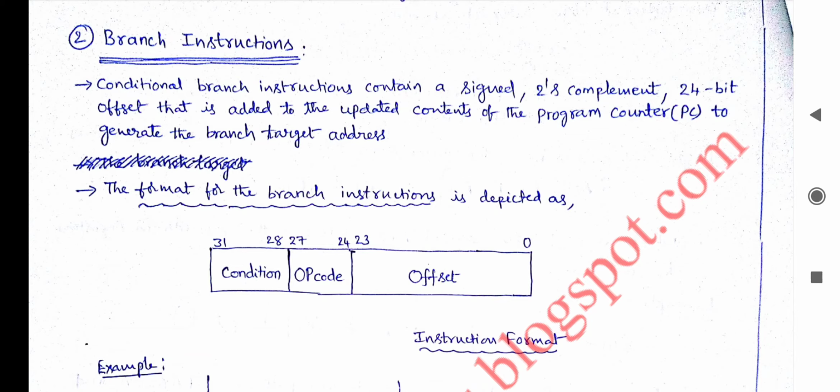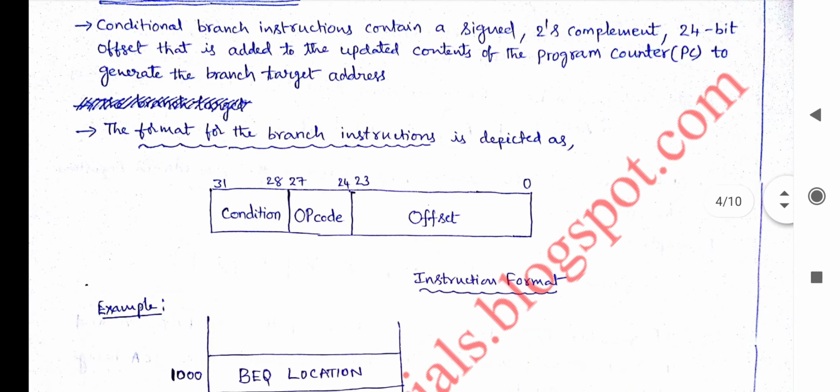Here also we use conditions in branch instructions. Conditional branch instructions contain a signed 2's complement 24-bit offset that is added to the updated contents of the program counter PC to generate the branch target address.